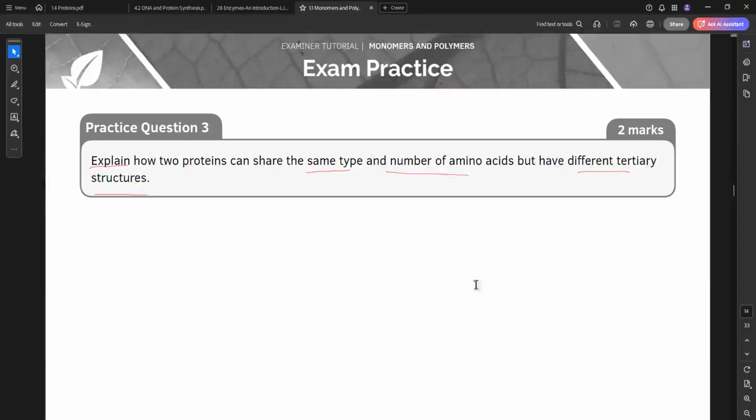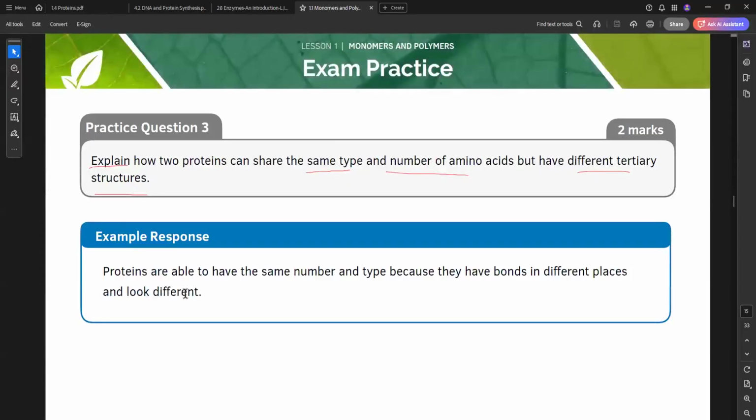Proteins are able to have the same number and type because they have bonds in different places and look different. What do we think about this answer? How many marks would you give it?